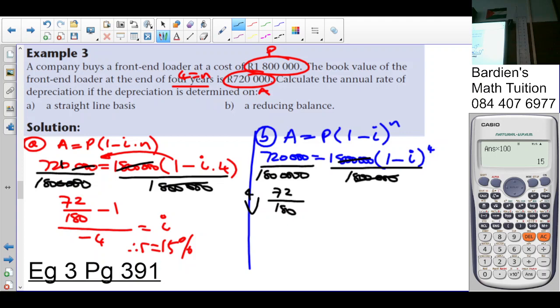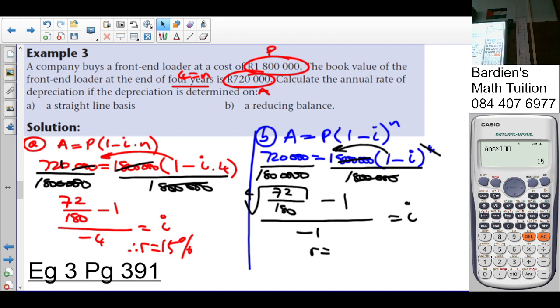So it's the fourth root of, so that was gone. Then what do I do? Take it 1 over, so it's minus 1. So that is equal to negative i. So I divide by negative 1 on both sides. So that's your i, and we multiply it by 100 to get your rate.